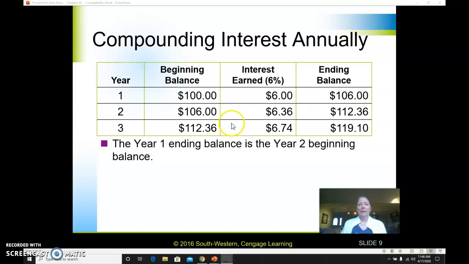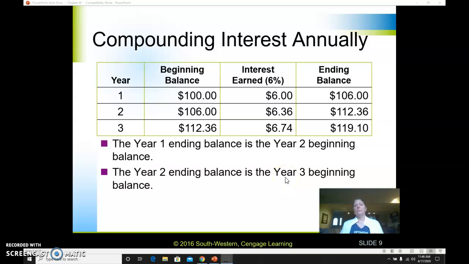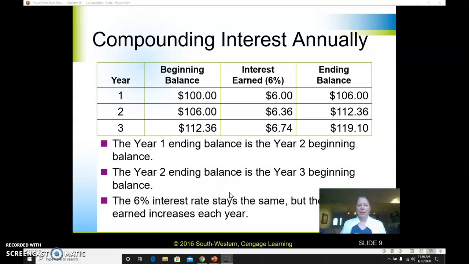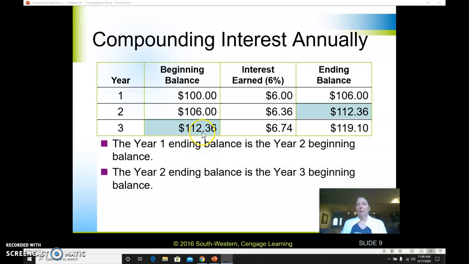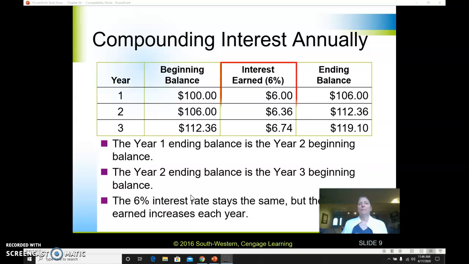Then I take that $106, and that's my beginning balance for the next year. And then I compute the year two interest. So 106 times 6% is $6.36, and now I'm at $112.36. And I take that to the next year as my beginning balance, and I take 6% and get $6.74, and I end up with $119.